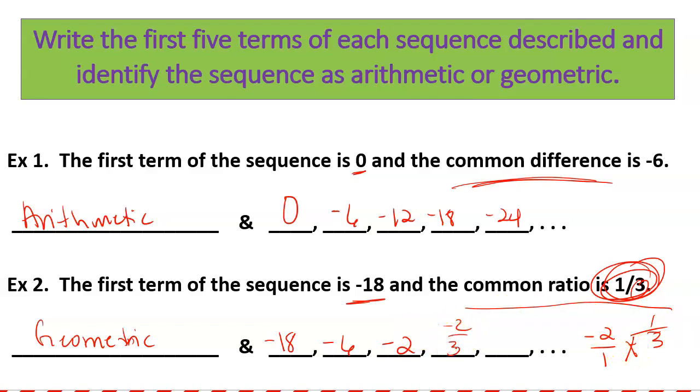So I get -2/3. Now I've got -2/3 times 1/3. Again, dividing by 3 is the same as multiplying by 1/3. So -2 times 1 is -2. 3 times 3 is 9. So I get -2/9. Again, if you have the Desmos Test Mode calculator, you could just keep hitting divided by 3, divided by 3, divided by 3, and it's going to show you those fractions.